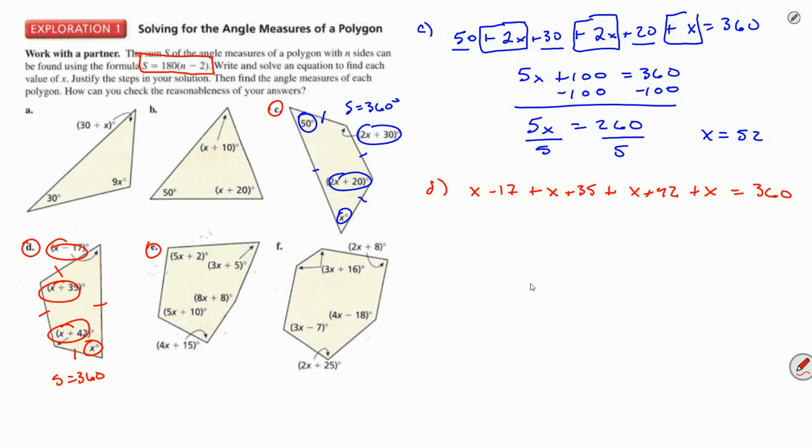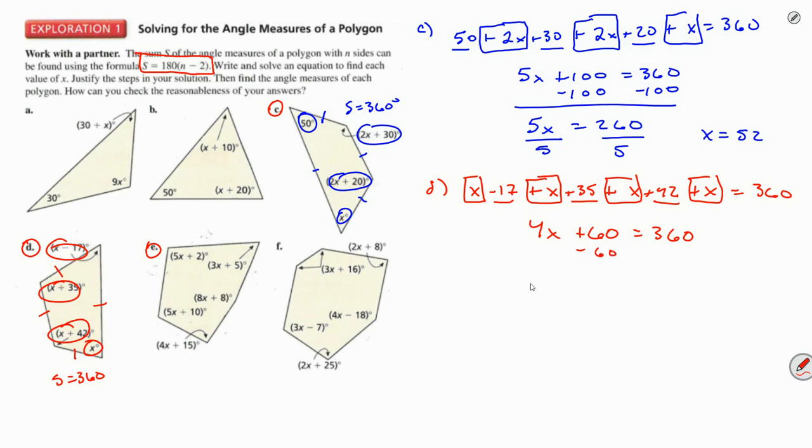From there, I'm going to combine like terms. This, this, this, and this are all the same. Those are all the same. Negative 17 plus 35 plus 42 is a plus 60 equals 360.